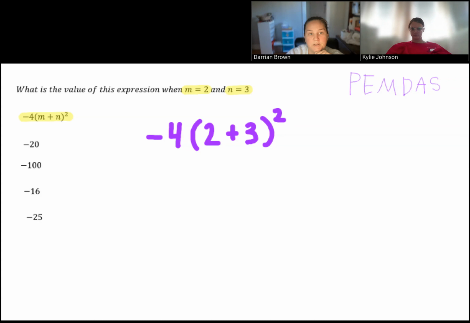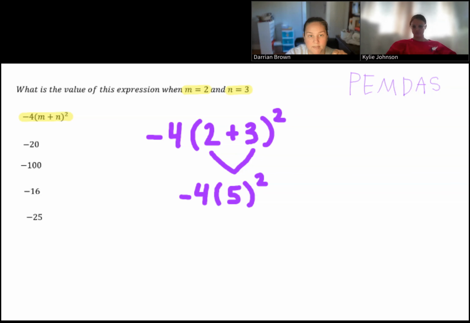Yes, we do. The 2 plus 3 is inside the parentheses, so that's what we're going to do first. What is 2 plus 3? Very good, 5. So we're going to keep that inside parentheses and then copy down the rest of the problem. We didn't do anything with that -4. We didn't do anything with the 2 up at the top.